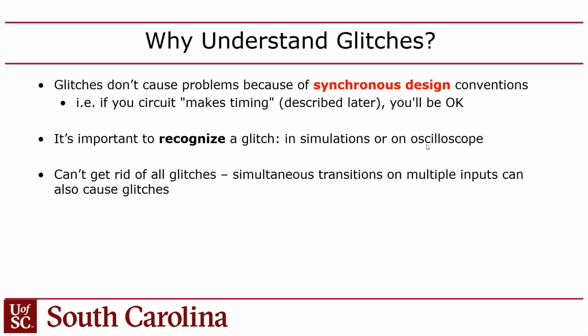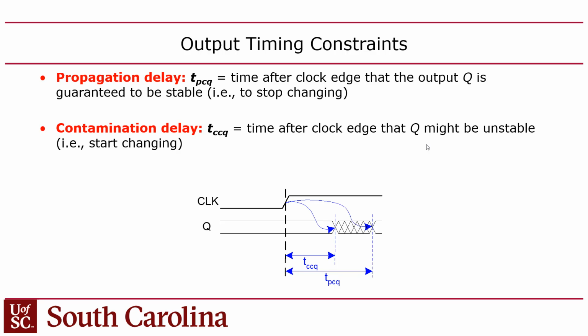In other words, the glitch will have corrected itself. So glitches will happen during that period between the contamination and the propagation delay. And so if we design the circuit to where we only sample the output of the combinational logic after the propagation delay, then we could ignore the glitch, right? We'll just assume it's not a big deal. Hand wave it away.